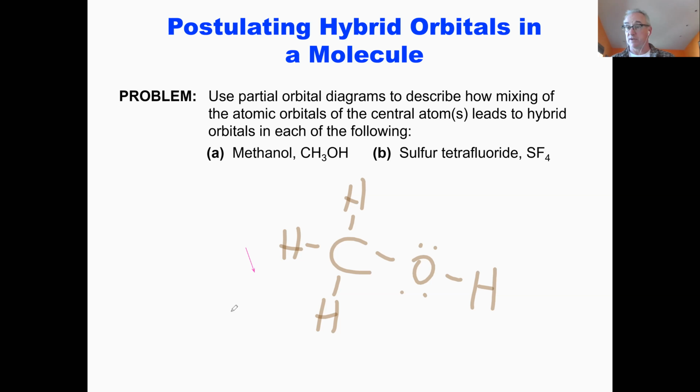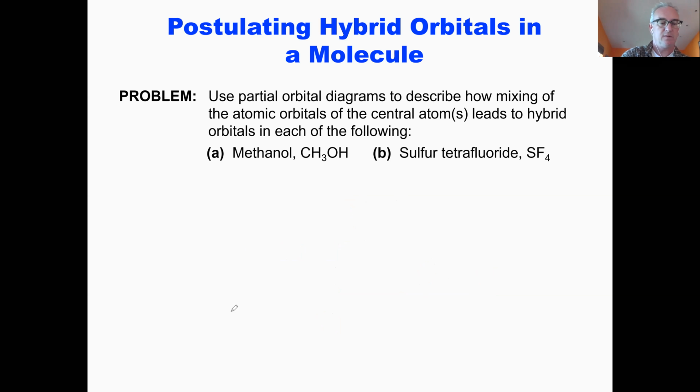That's what methanol is going to look like. So our question is, what should the hybridization be on the carbon? What should the hybridization be on the oxygen? Let's see how we're going to do this.